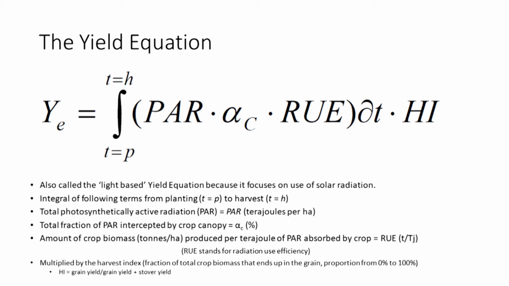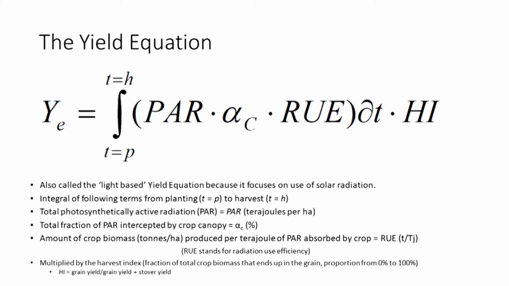If it's just hitting the bare soil, it's not going to contribute to yield. So we use this term A, or alpha, which gives us the fraction, a number between 0 and 100, of the PAR being intercepted by that crop canopy. That's being absorbed by the crop, and hence can be used for photosynthesis.